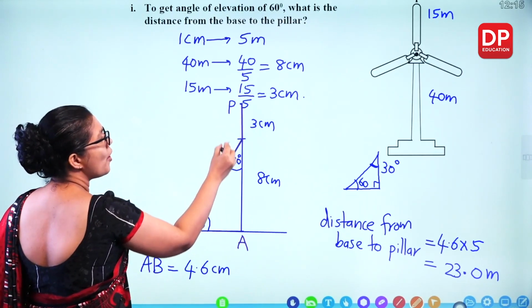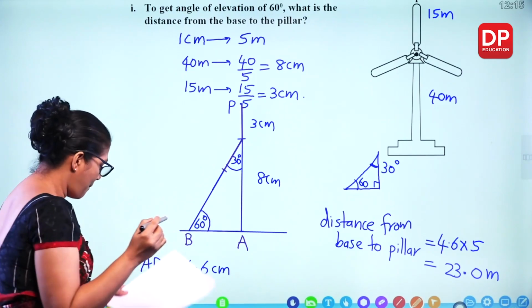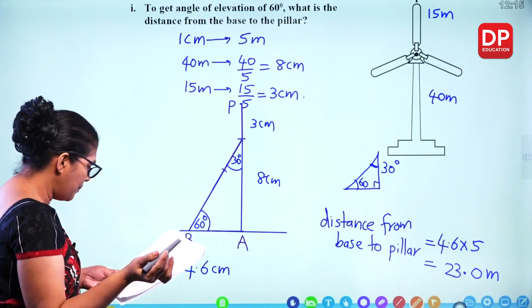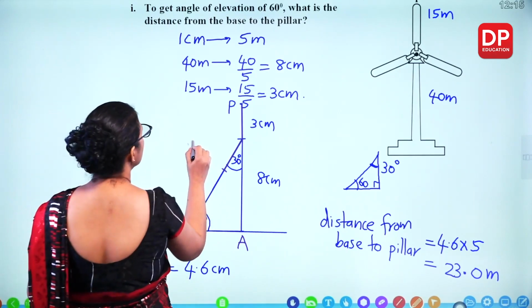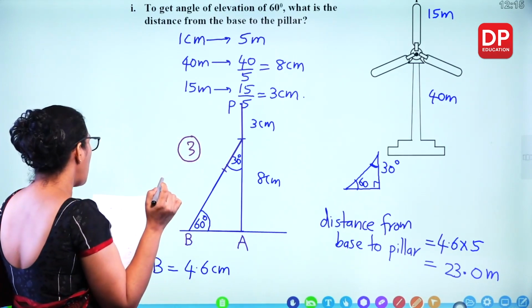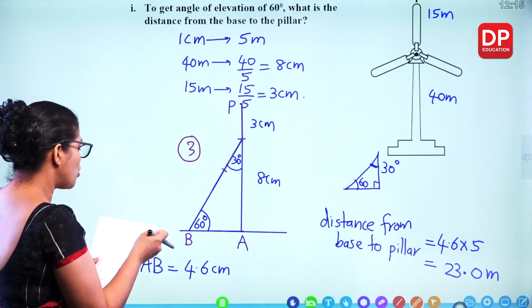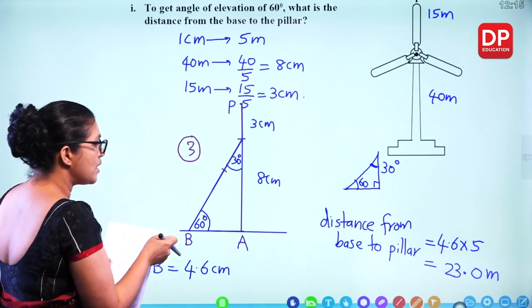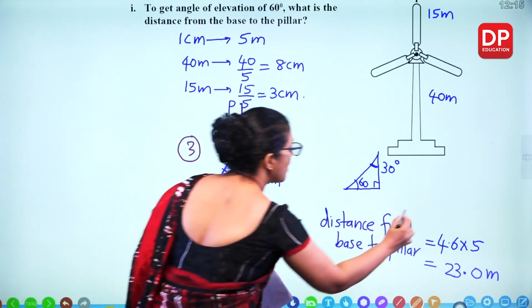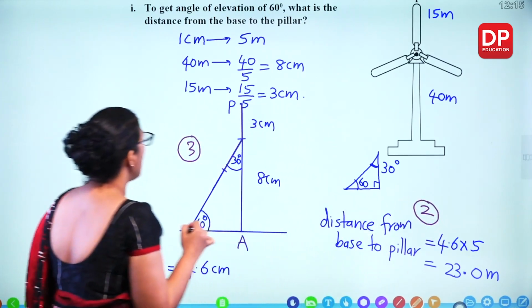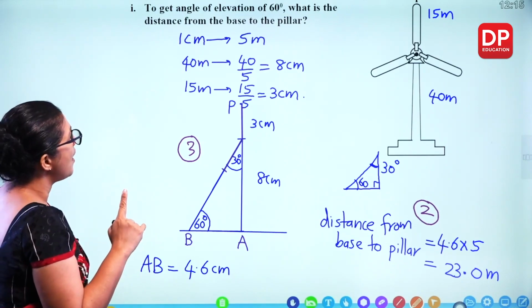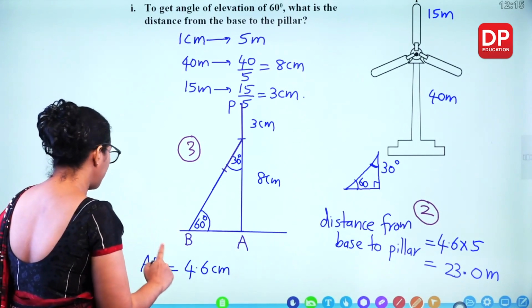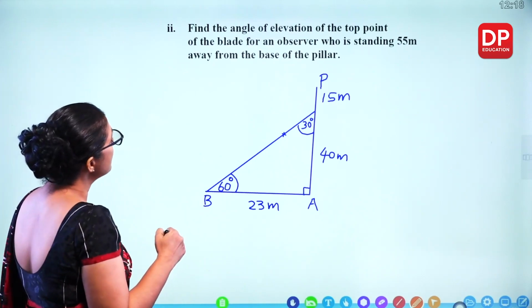This is the P point and this is A and B. So, 3 marks for the scale diagram. And then finding the actual length. That's 23 meters. That's 2 marks. So, 5 marks for these 2 steps. Only one part, scale diagram and this one. Let's take the next part.